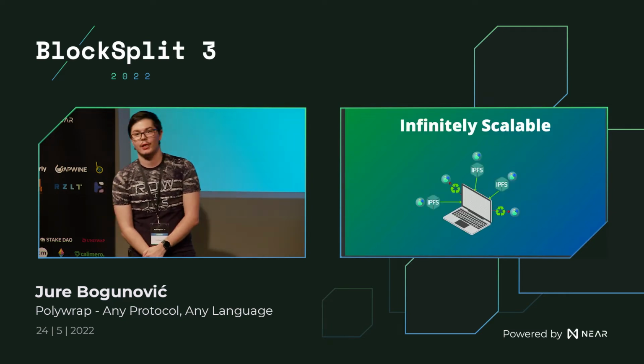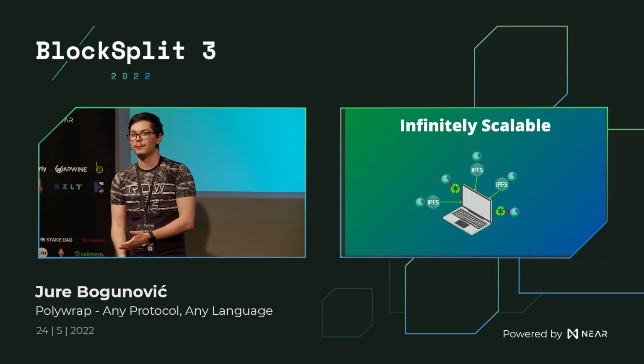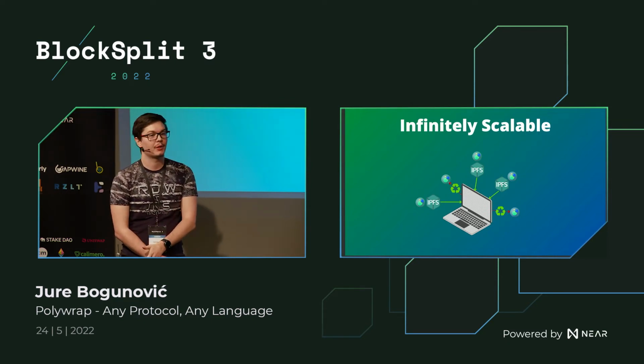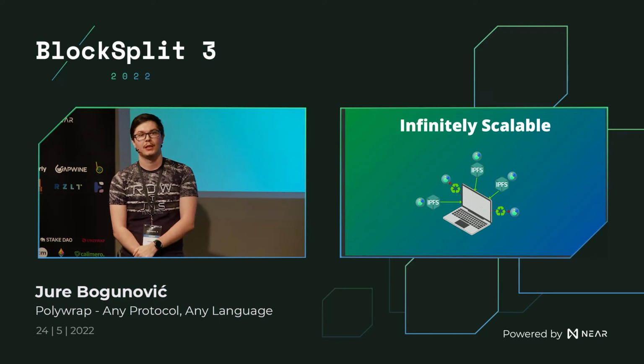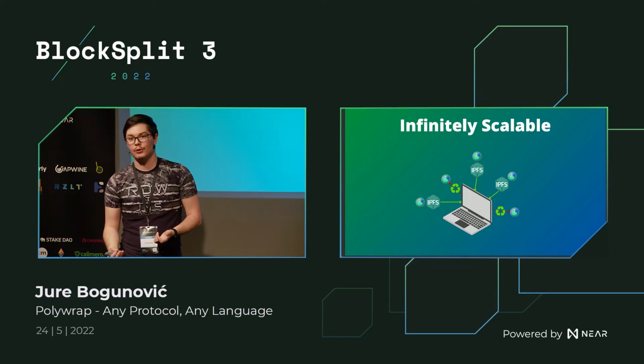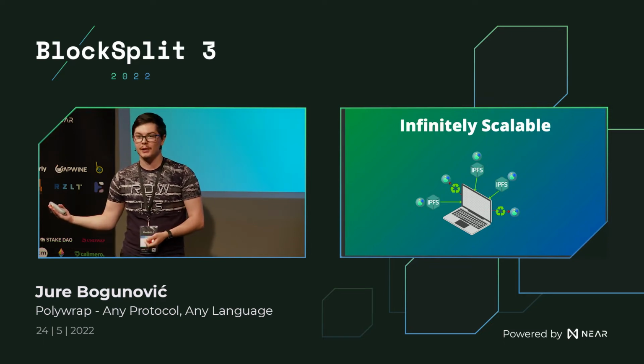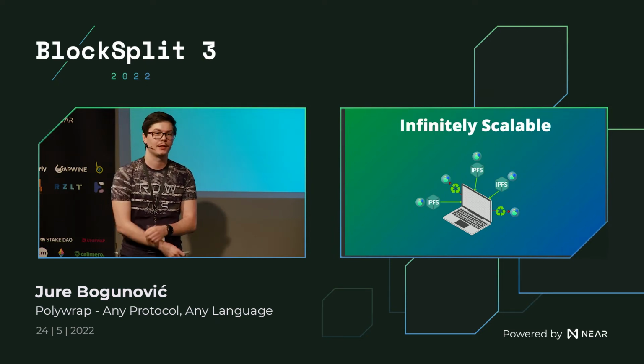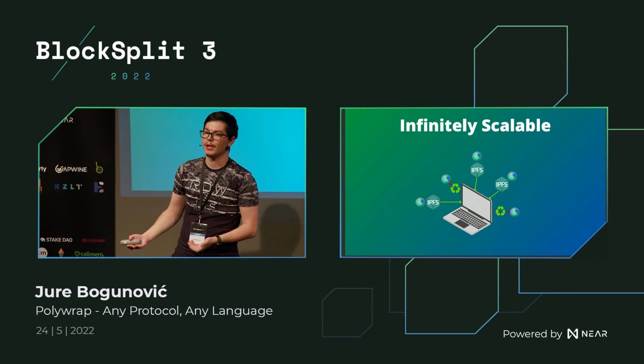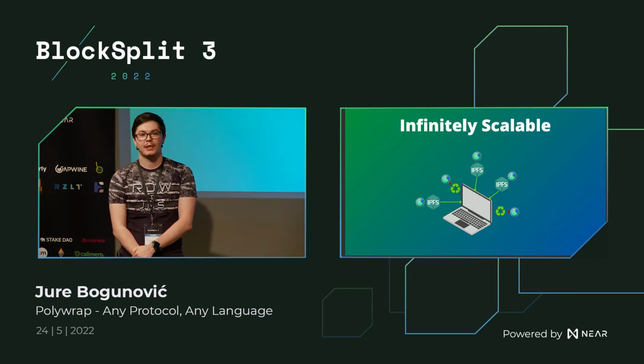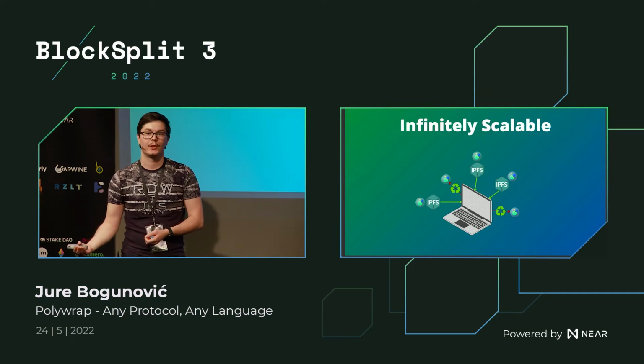With Polywrap, your app can become infinitely scalable. The problem with traditional SDKs, especially in front-end apps, a good example is DeFi aggregators. To be able to integrate all of these DeFi protocols, they often use backend APIs, and you can integrate any amount of backend APIs into your front-end app. But that also means that your code is being executed on a centralized server somewhere.